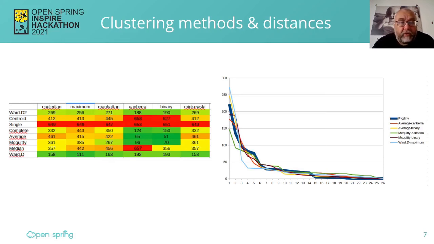The numbers are values of error, so the lowest number is the best one, and you can see that we have the best results for hierarchical average clustering with Canberra distances or with binary distances. And as you can see in the graph on the right side, the histogram of results is also very similar to the original data. Original data are colored by the blue line in the graph.